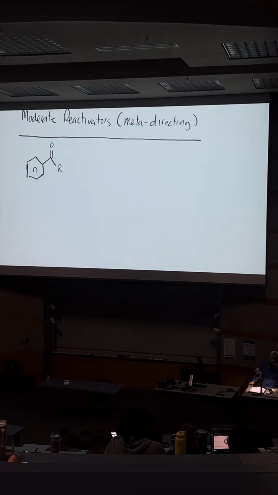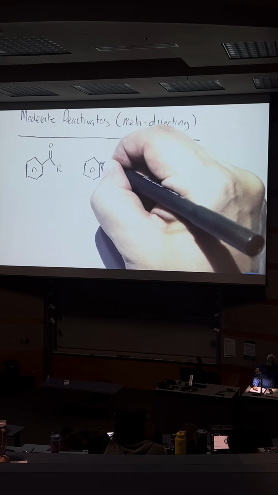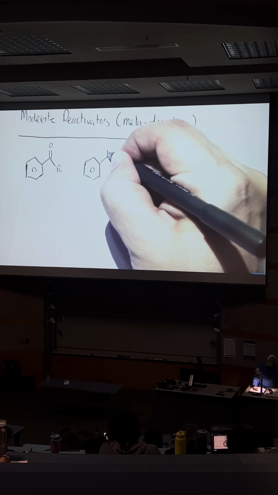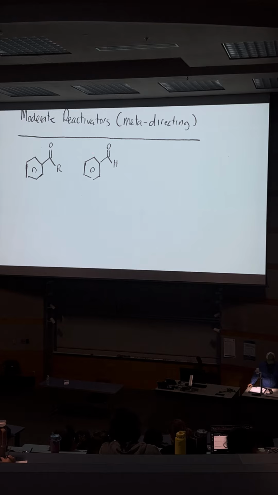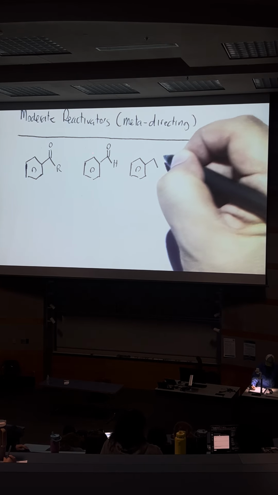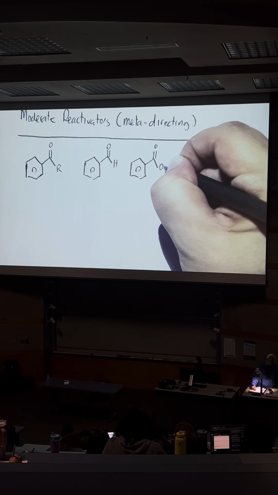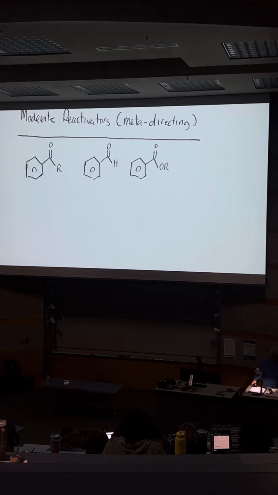So these are going to be the groups that have the pi bond in conjugation to the aromatic ring. So here's an example. This is some unknown aromatic ketone, but that also means that aromatic aldehydes also work. Aromatic esters, provided that the carbonyl is directly bonded to the carbon that is in the aromatic ring.